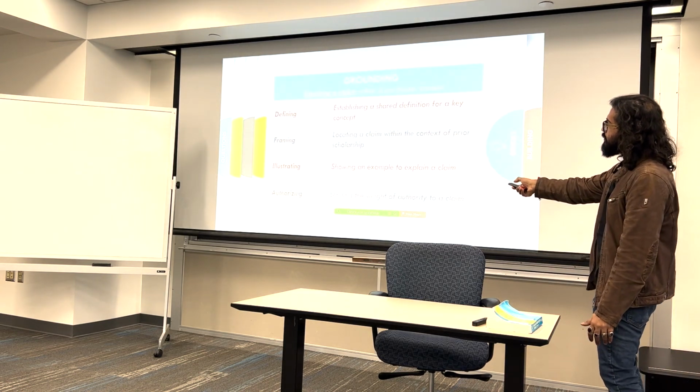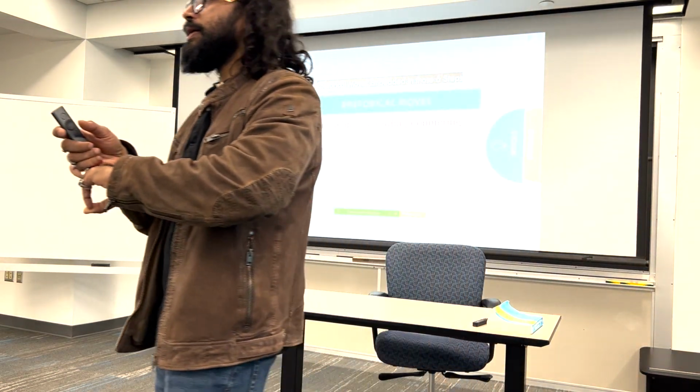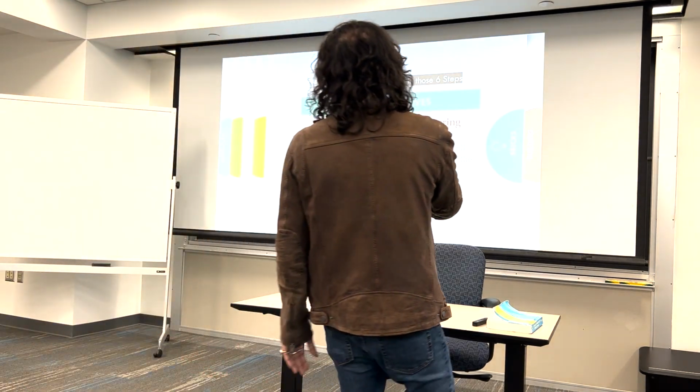Gotcha. So, 3 moves we have. We call them rhetorical moves in a literature review or in any academic writing. The 3 moves are grounding, forwarding, countering. Now, I have also mentioned the examples.